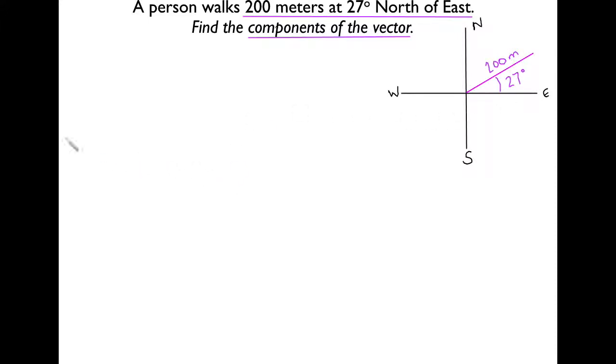Usually I'll write both of my components and solve for both of them at the same time. So Ax is equal to A cosine theta, and Ay is equal to A sine theta. So I'm going to put the length of my vector, which is 200 meters, right here.